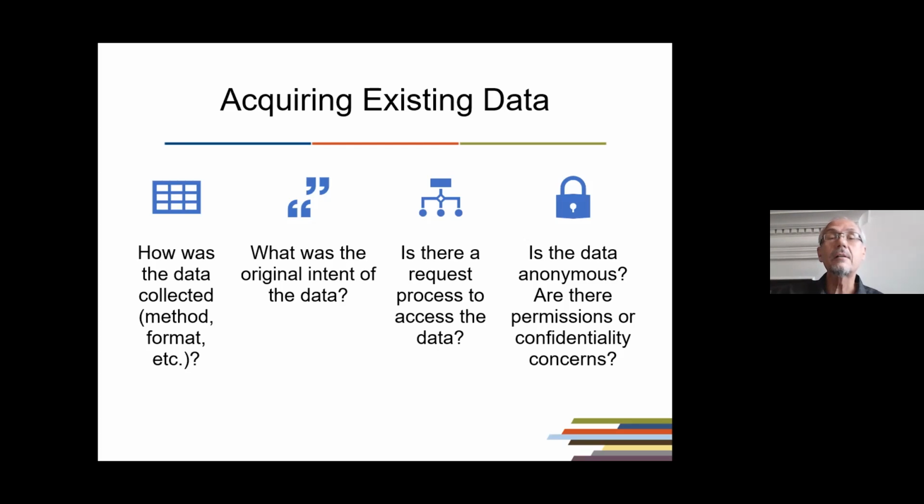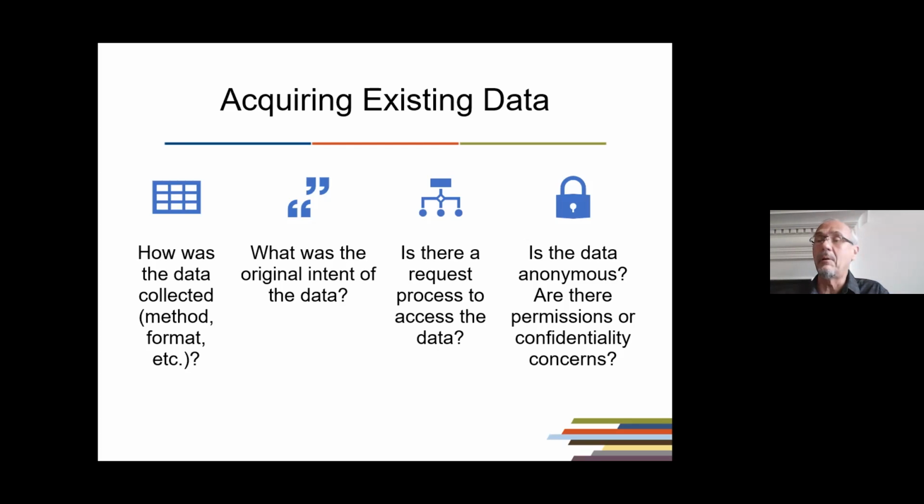So as you start to talk about the challenges, Nicole, if you'll interrupt me in a little bit and watch that, I'm going to say some of the things that we need to be aware of as we acquire existing data. Sure. First of all, how was the data collected? What was the method, the format? Because you didn't acquire the data, you're going to need to understand that.